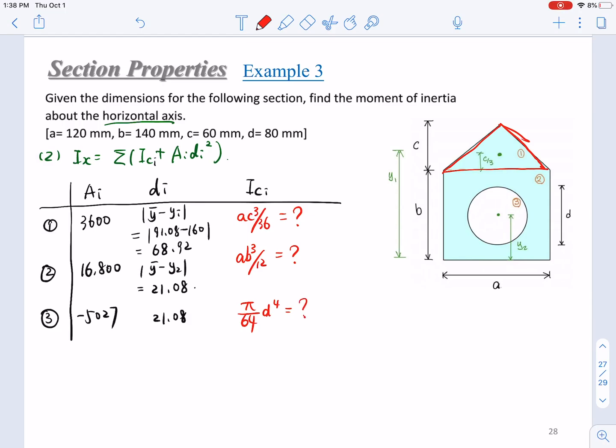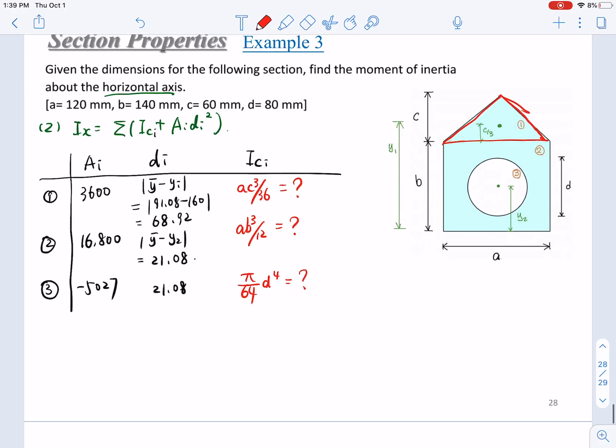What is the value? Okay, I will skip these calculations. I will just give you the results. Okay, you just do exercise using this equation to calculate the overall Ix. Just keep in mind that for this area 3, it is negative.